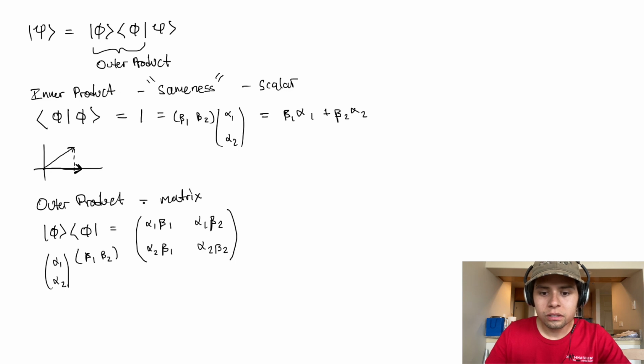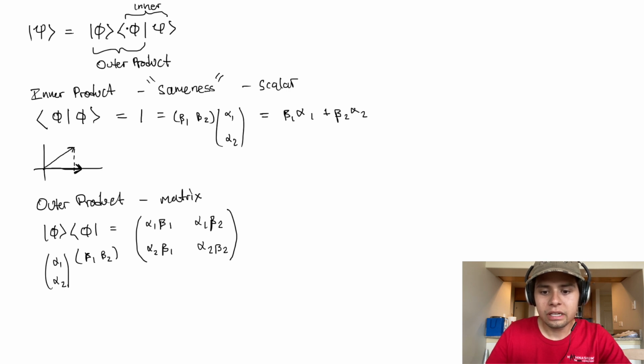Okay, so now let's begin to think of what this object might look like. This is an outer product, and this is an inner product. There are multiple interpretations we can impart on this object. That's the inner product, and that's the outer product.